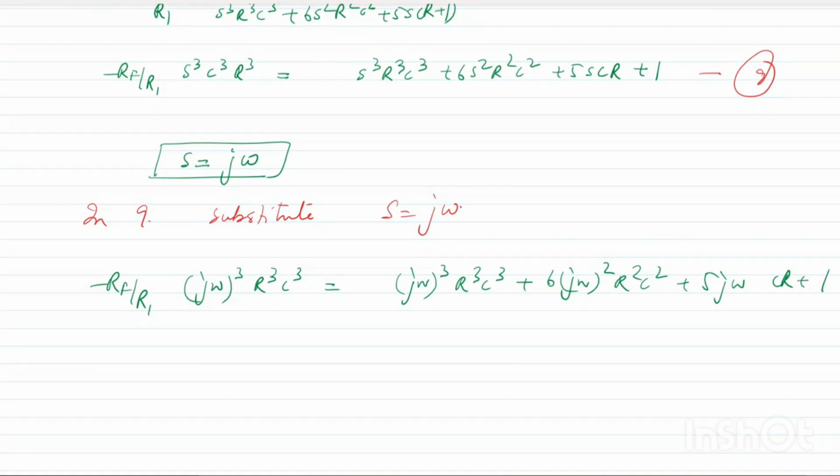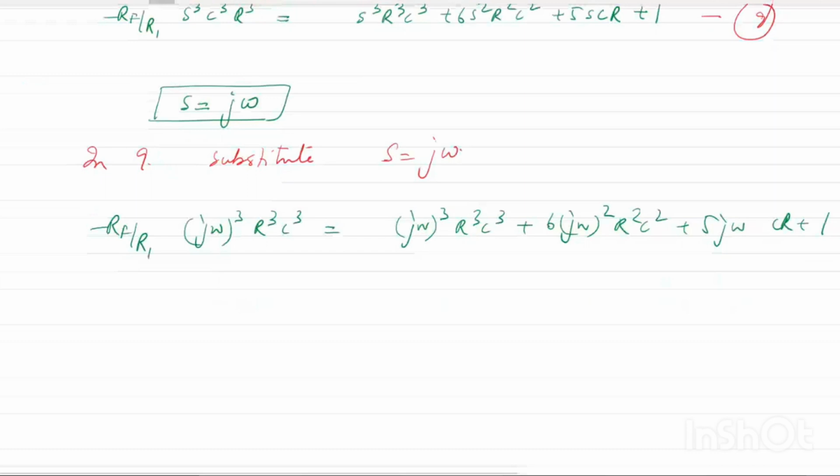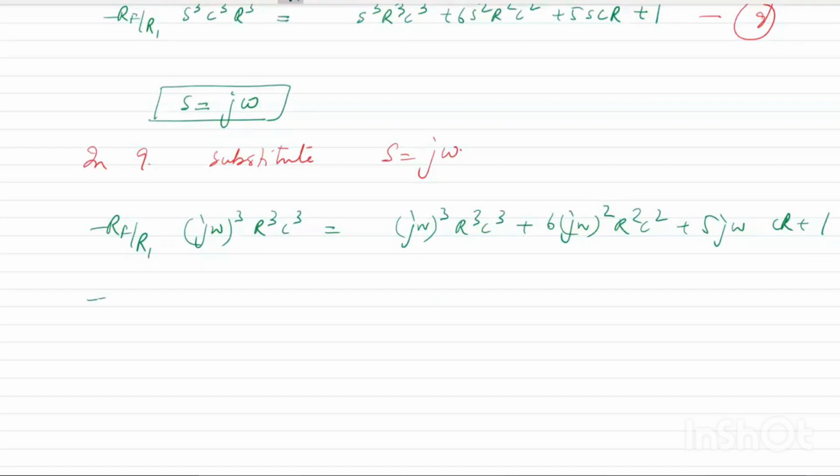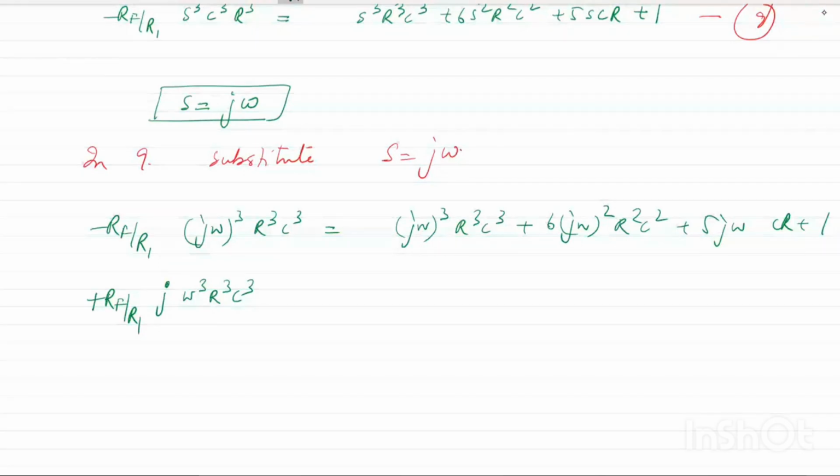Because when I put j omega, I'm going to get real terms and imaginary terms. In the left hand side, what is j square? Is j square minus 1? Yes, j square is minus 1, so I'm getting here minus minus plus, and only one j term will be there, j omega cube R cube C cube, right? यहाँ पे j cube है, तो j cube का j square becomes minus 1, only single j remains, right? In the left hand side.